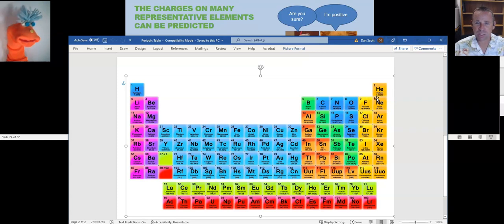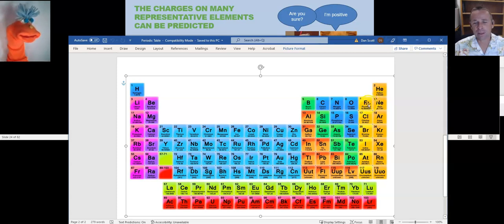Electron configuration is essentially a way of saying the same number of electrons as one of these noble gases. That's called a noble gas electron configuration. If fluorine gained one extra electron, it would have the noble gas electron configuration of neon, and that would provide a degree of stability. Okay?